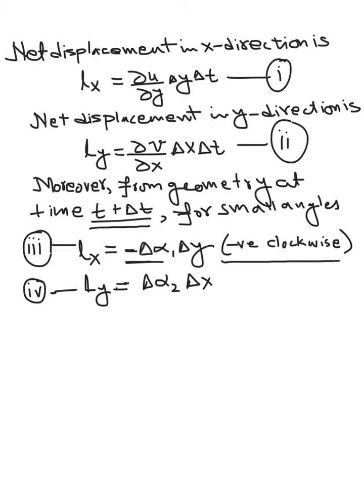Now if I equate equation 1 with 3 and 2 with 4, I can easily write down the values for the change in angle, that is delta alpha 1, equal to this, and similarly for delta alpha 2, I can easily write down this.